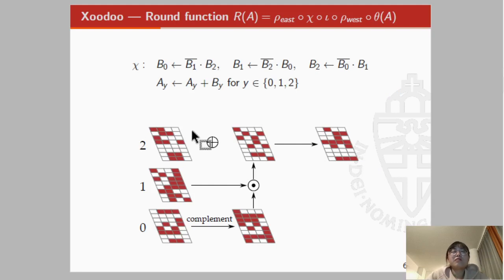The only nonlinear operation in the round function is chi, and this chi is similar to that used in Keccak. But the difference is that here chi operates on 3 bits instead of 5 bits, and the degree of chi is 2.